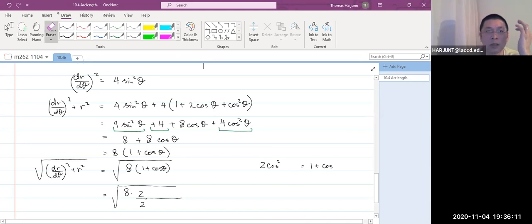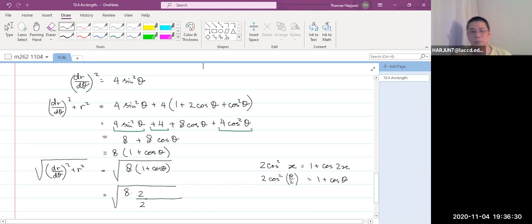If this is x here, this is 2x, right? So if I have 1 plus cosine theta, then this should be 2 cosine squared theta over 2. Is it right?